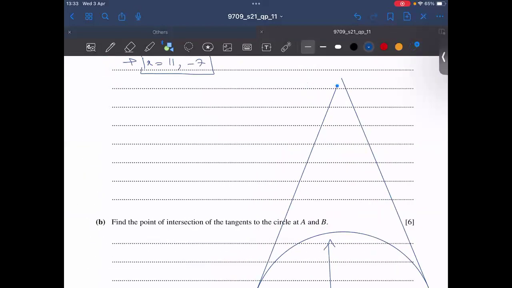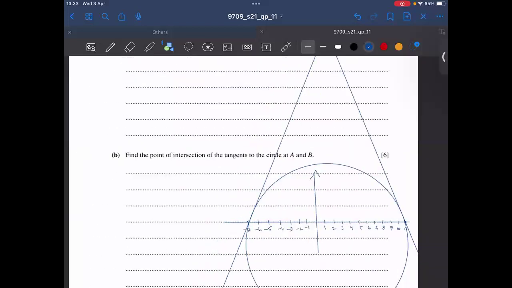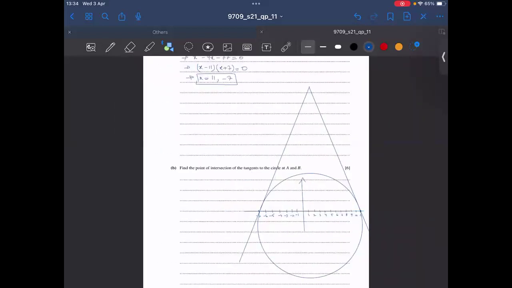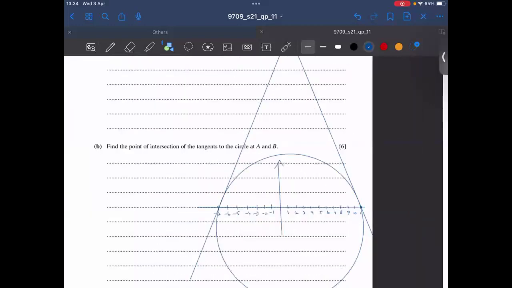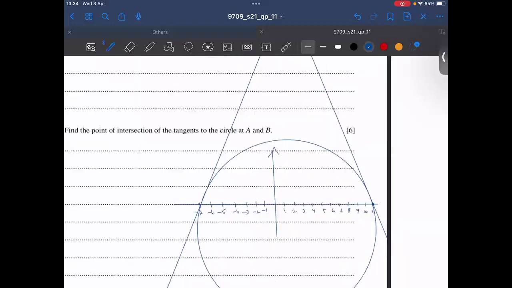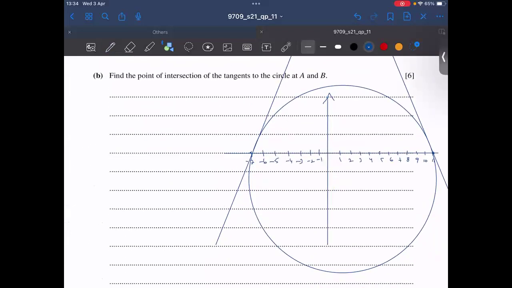All right, Mr. Imad Ahmad and Mr. Iman Kamran. Have the tangents meeting externally. And you need to find out the point of intersection of these two tangents. And we know that the tangents meeting externally like this.